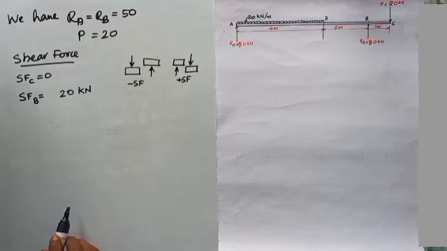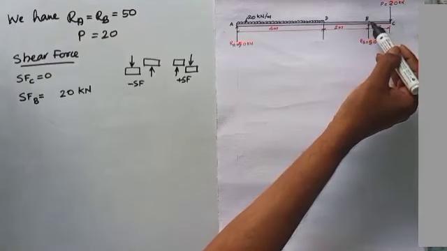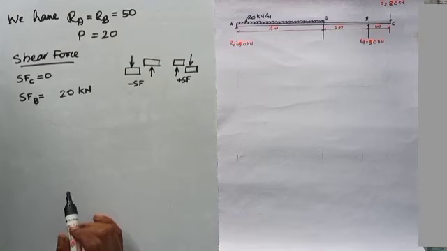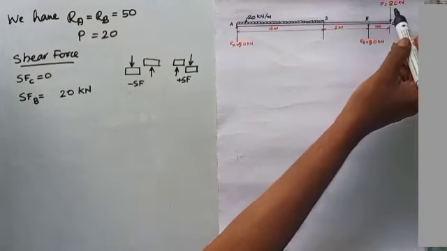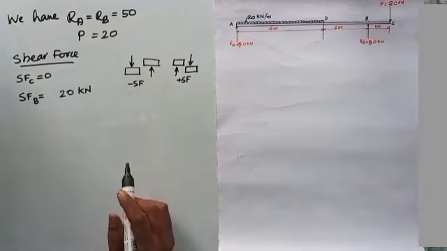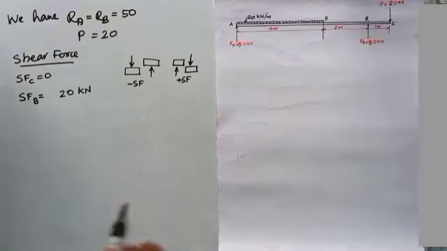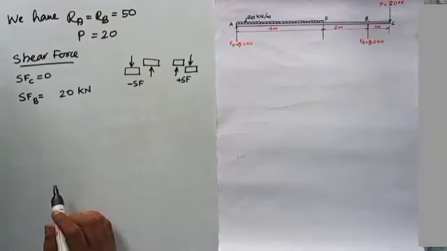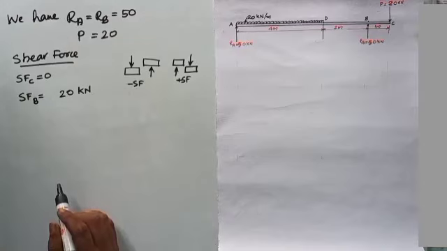So if you consider the load 20 kilonewton P and the section concerned is at B, the section is at B and the load is at C. Obviously this load 20 kilonewton will be in the right side of the section, right side of B.